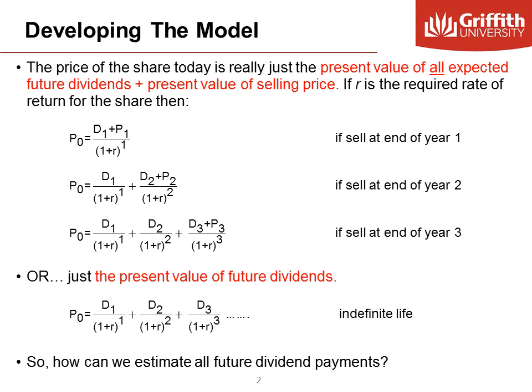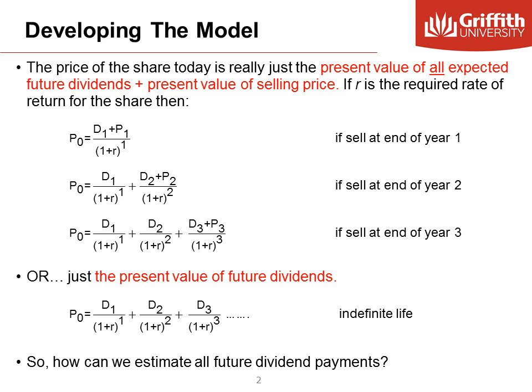Or if we want to sell the share at the end of the second year, again, the price of the share today would be the present value of the dividend received in year 1 plus the present value of the dividend received in year 2 and the selling price when we sell it in year 2, and so on. Or if we don't want to sell, the price today would be just the present value of those future dividends to be received.